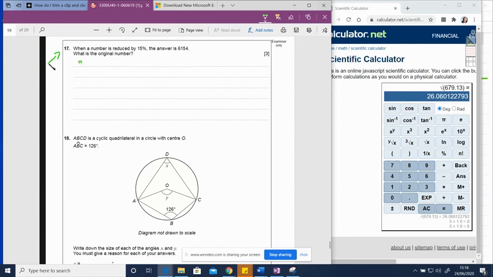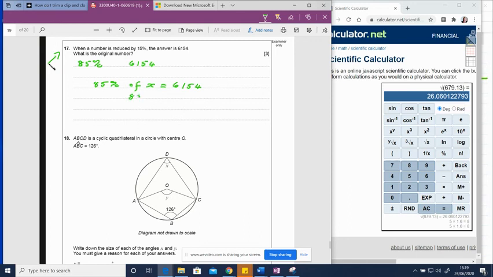That means 85% of the original number is 6154. Now, if we let the original number be x, we can say that 85% of x, the original number, is 6154.